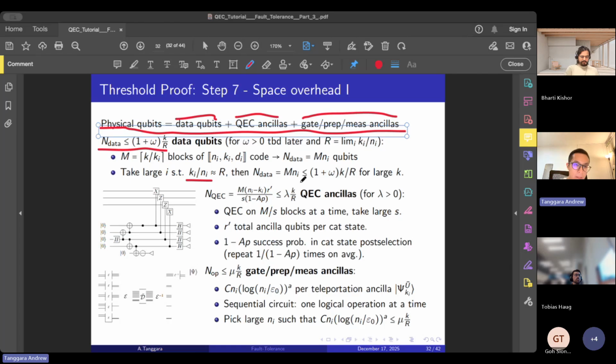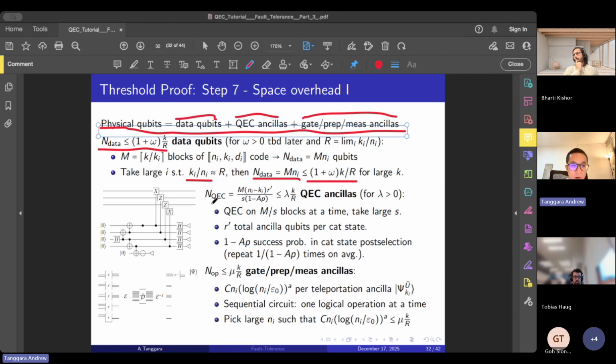Because we use m blocks and each block has n_i physical qubits, the total number of data qubits is just m times n_i, and we want to bound that with some omega larger than zero.